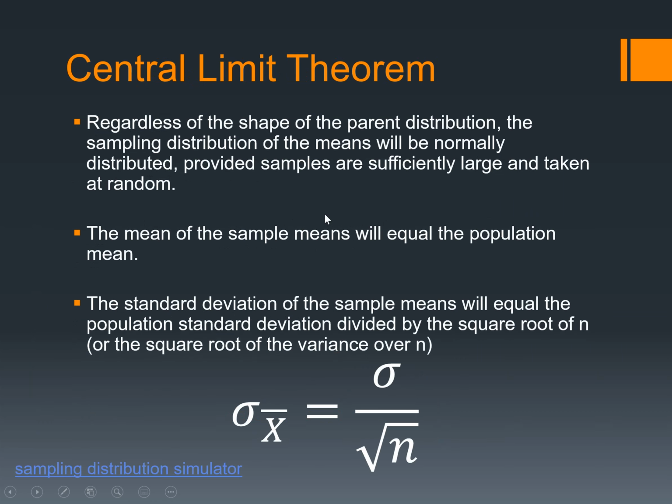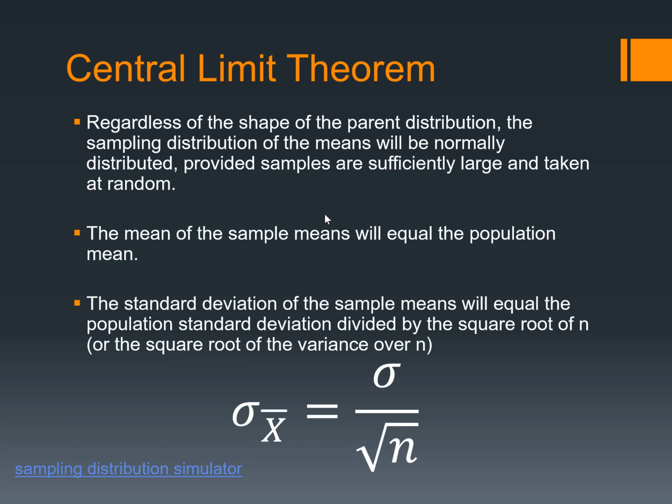This brings us to an important concept in statistics called the central limit theorem. So regardless of the shape of the parent distribution, so the distribution in the population, we'll call that the parent distribution, the sampling distribution of the means, which is basically the distribution of the sample mean, if we repeatedly sampled those means, will be normally distributed basically regardless of the shape of the parent distribution, provided that the samples themselves are sufficiently large and taken at random.